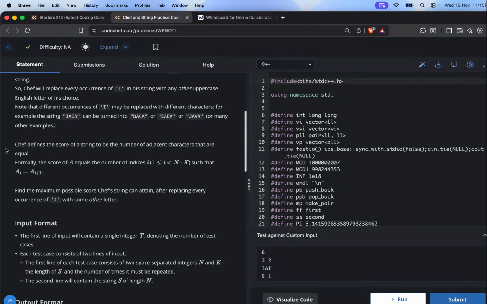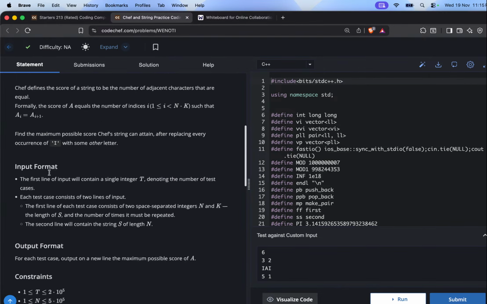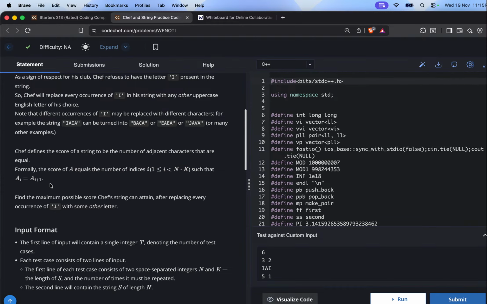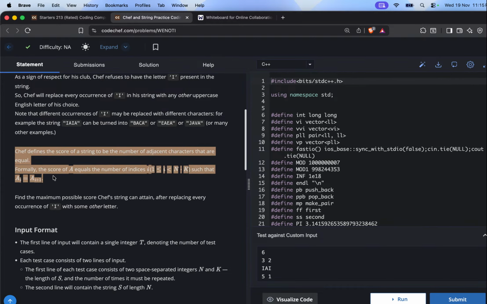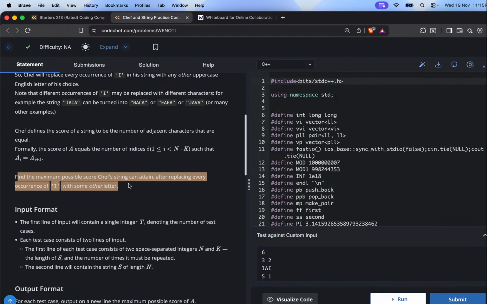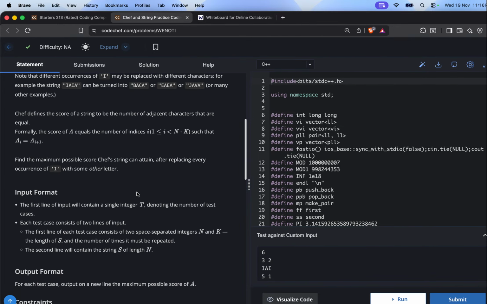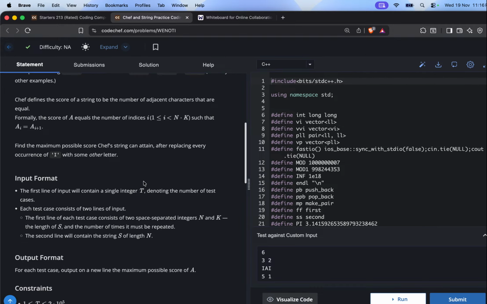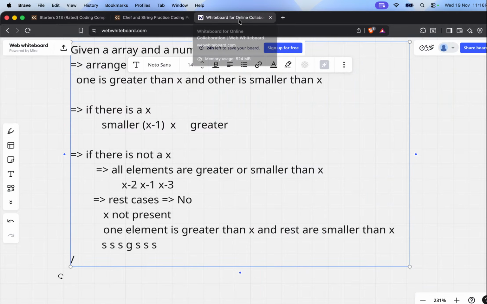So there is independence. Chef defines the score of a string to be the number of adjacent characters that are equal. Okay. So the number of pairs of characters that are adjacent to each other and are equal contribute to the score. And we need to find the maximum possible score Chef's string can attain after replacing each occurrence of I with some other character. Okay, so let's understand the scenario.